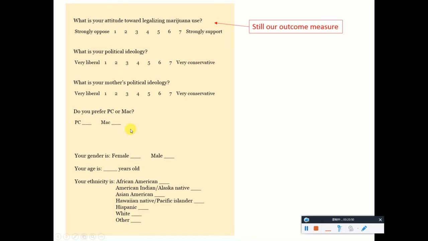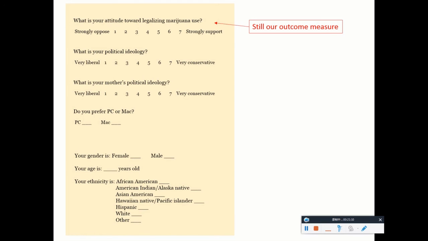And out of curiosity or for any purposes, we can see whether or not people's preference for different types of computers might have any kind of association with their intention or attitude toward legalizing marijuana use.